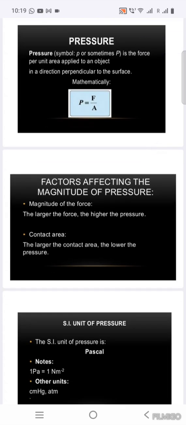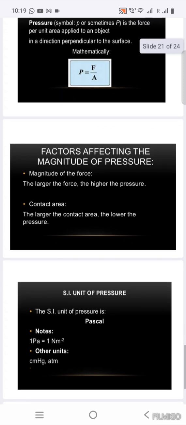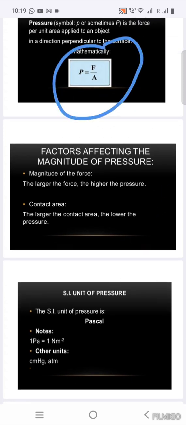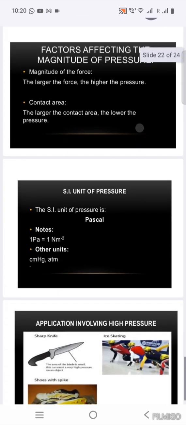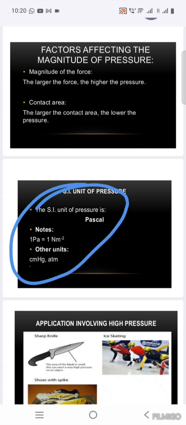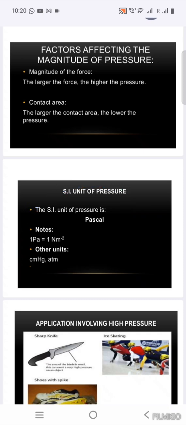Factors affecting the magnitude of pressure: in the formula, pressure equals force upon area, so the magnitude of force and the magnitude of area both affect the magnitude of pressure. Now the SI unit of pressure is Newton per meter square or Pascal. There are some other units like atmosphere to measure the atmospheric pressure.